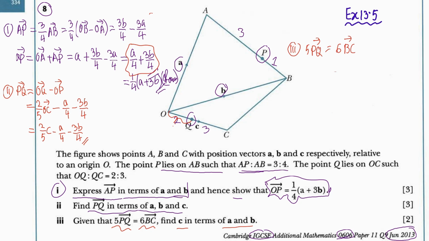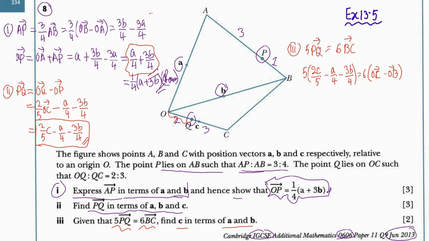No, then we can write OC minus OB, no problem. For PQ we write the result from the second question, 2c/5 minus a/4 minus 3b/4, and the right side is 6 of OC minus OB, because we can express that in terms of c and b as well.